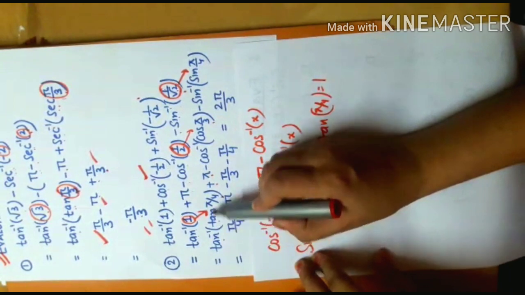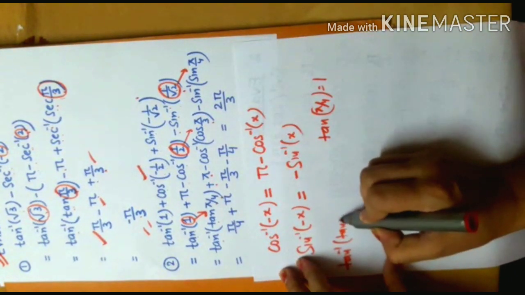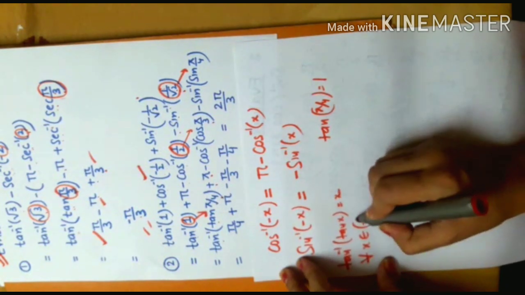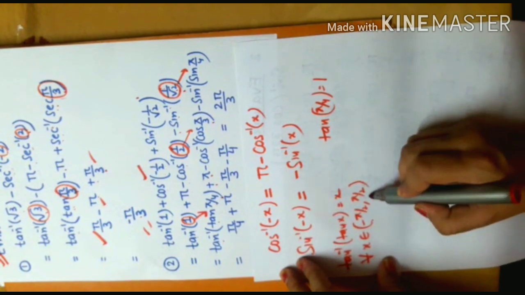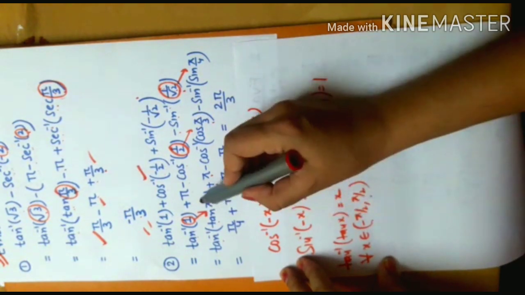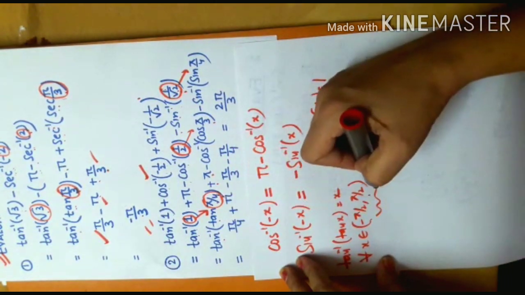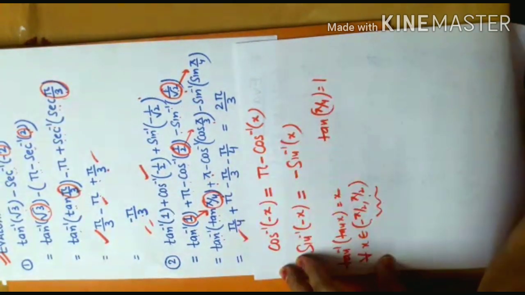Now tan inverse tan x will be equal to x for all x which belong to the open interval minus pi by 2 to pi by 2. And you can see here x is pi by 4 which lies in this interval. So tan inverse tan pi by 4 will be pi by 4.